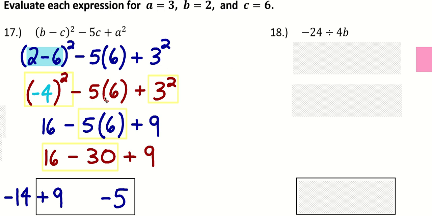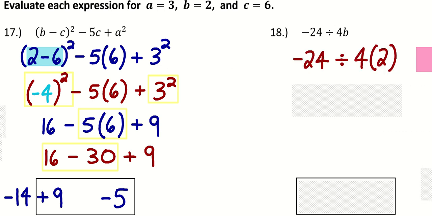Over here, of course, after you replace the B with what it actually is in disguise, what do we do first? We have division and we have multiplication. Remember, multiplying and dividing are the same rank. It's like a tie.